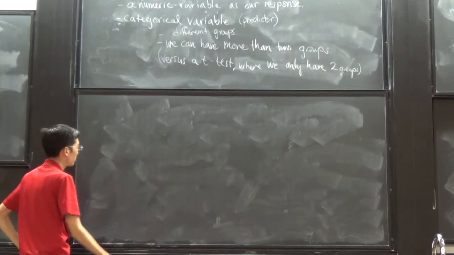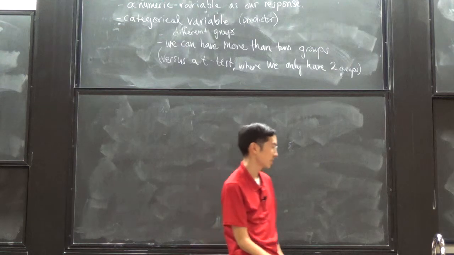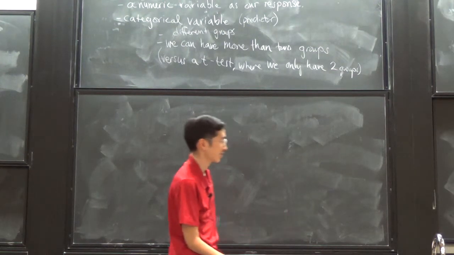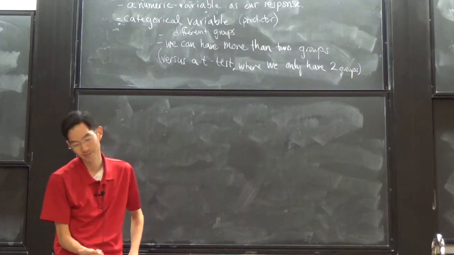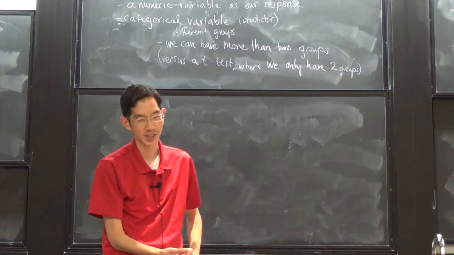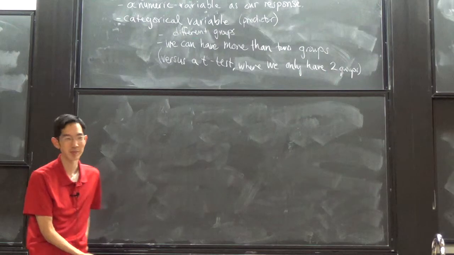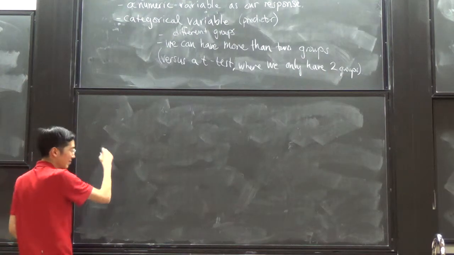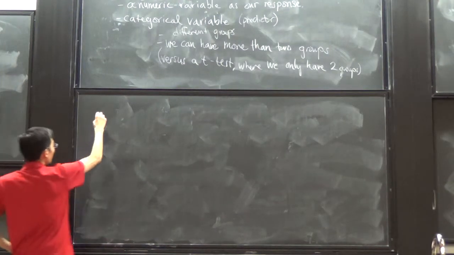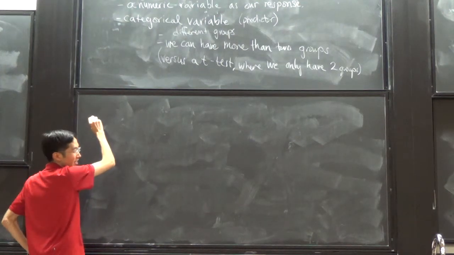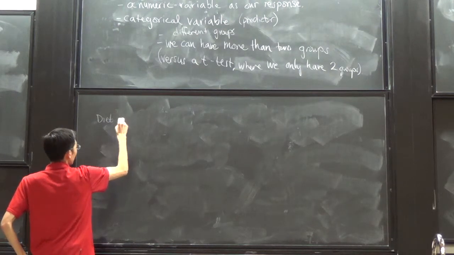Maybe you want to know how different dog foods affect how much weight a dog gains or something. So let's say somehow you have a bunch of dogs to watch after. Maybe you put different dogs on different diets, and so you might have 4 diets.